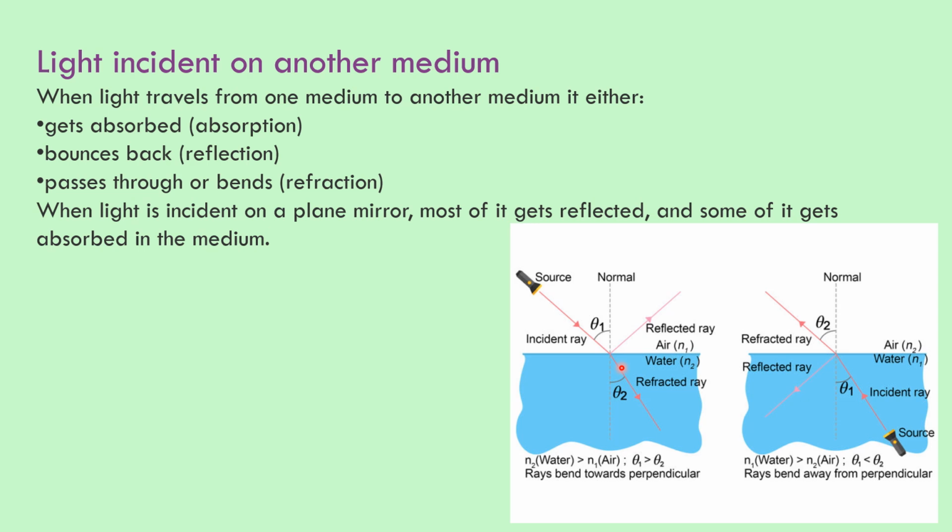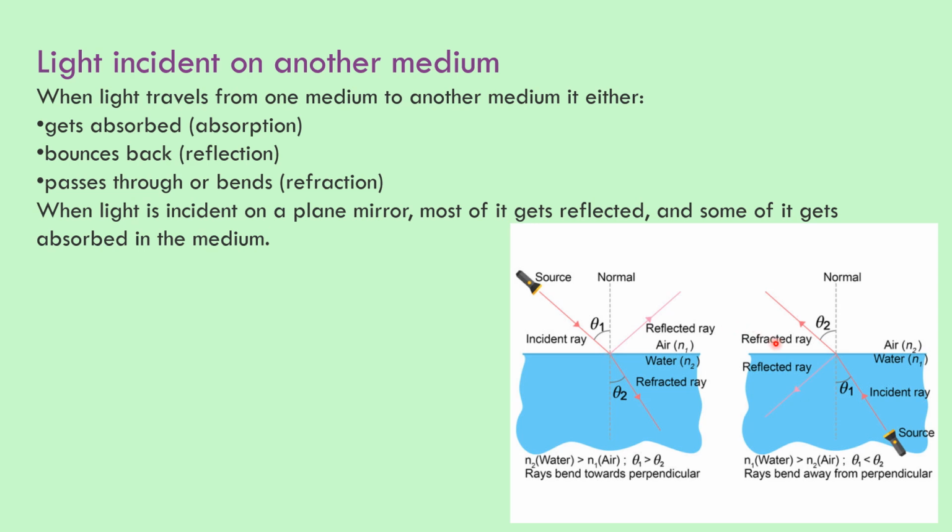The bending of light rays takes place towards the normal. You can observe some of the light rays get reflected, some get refracted. Why does refraction occur here? Because the light rays enter from air to water. When there is a change in medium, bending of light takes place. Bending of light we call refraction.